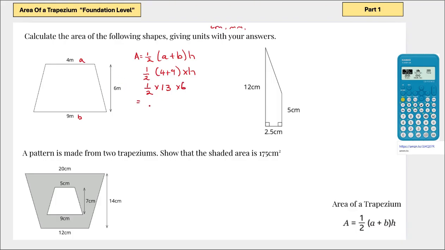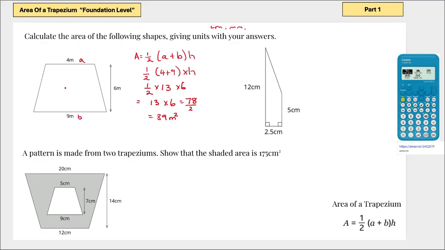Put it all in the calculator. You're going to have 13 times 6. This is what you put in your calculator. Would give you 78. Divide it by 2, because we haven't done that bit yet. So it gives our answer. Our answer is 39 metres squared.